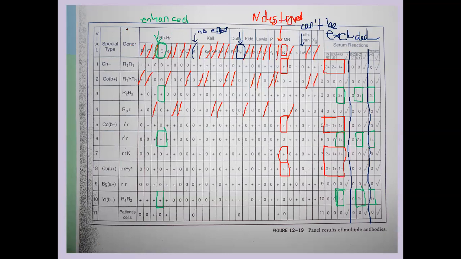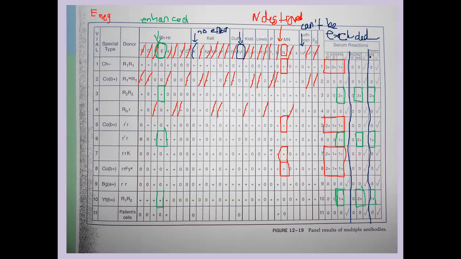When we determine that a patient really has antibodies, we need to provide them with antigen-negative donor red cells for transfusion. And so when we transfuse this patient, we absolutely need to give them E-negative RBCs. Because if we give them donor red cells that have the E antigen on them, this anti-E is going to attack those donor red cells, and there will be a transfusion reaction, and the donor red cells will be destroyed.